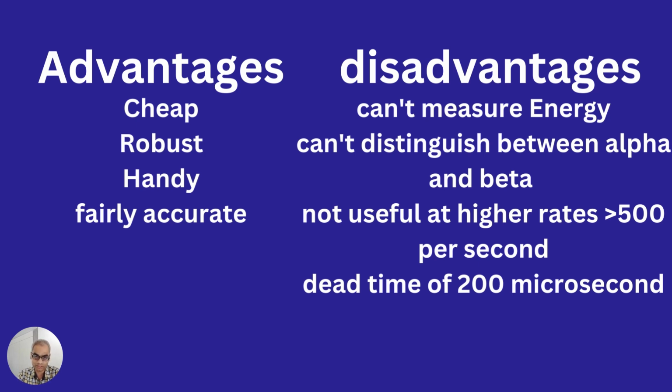For example, it counts the signal or the decay or the radioactive particle that is coming, and then it takes some time to recover the tube. So that dead time is about 200 microseconds. So higher rates is not useful for this GM counter.